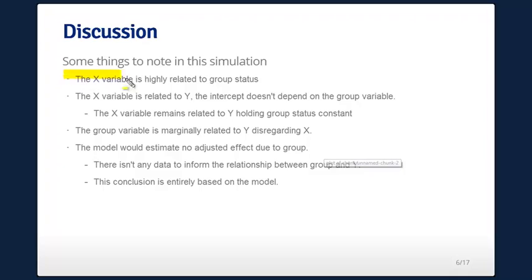So the x variable in this case is highly related to group status, right? Just if I told you x, you would know what group you were in. If it was a low x, you'd be in the blue group, and if it was a high x, you would be in the pink group. The variable x is related to y, but the intercept doesn't appear to depend on the group variable, of course, but we have no data to evaluate the impact of the group.